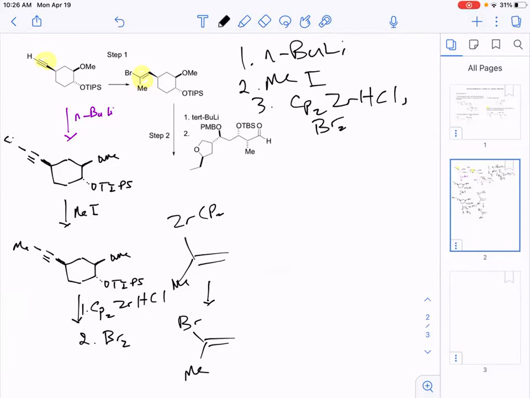Because the stereochemistry is already set at the alkyne. So what about the second step?